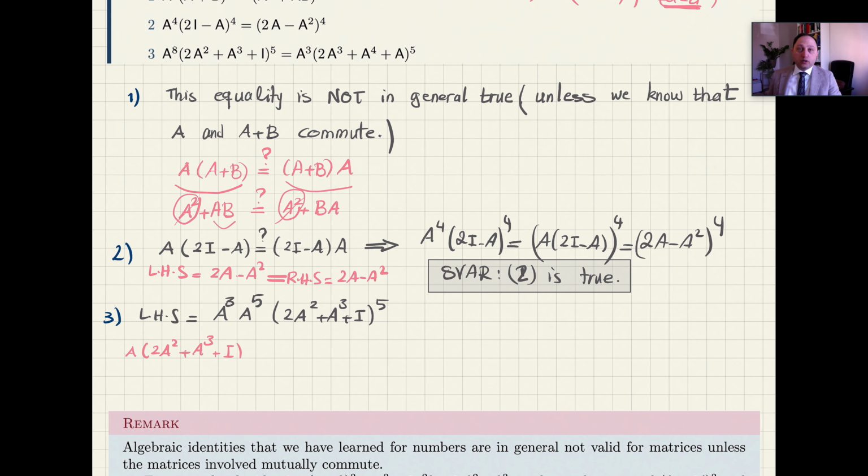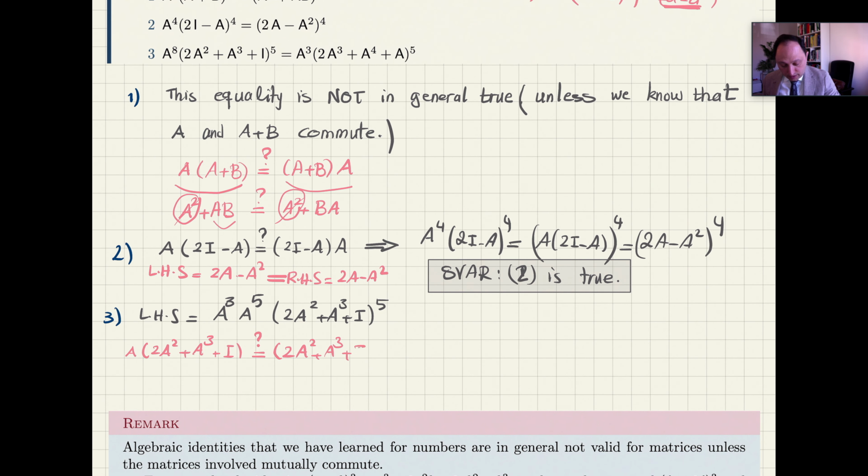If I ask you what are the matrices involved in this problem, you would say one of them is A, the other one is this combination. But you shouldn't be in a hurry and jump to this conclusion. There is no guarantee that these matrices are commuting because it's not mentioned. There are some exceptions that you have already studied, so you are right. We need to check the validity of this commutation relation.